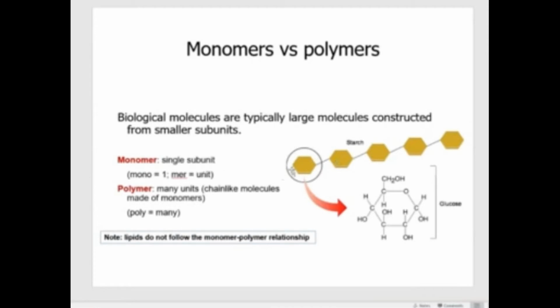It's going to be a very, very long chain of this subunit, which is glucose. So a starch molecule is a polymer, and it's made up of monomers, which are glucose. This is one glucose, another glucose, another glucose. When they link their arms together, or are linked by chemical bonds, they form a polymer.